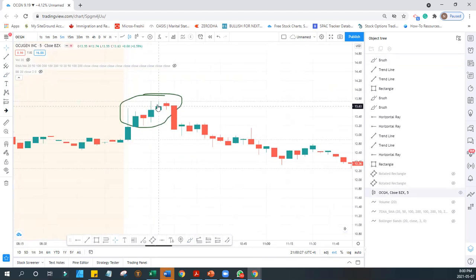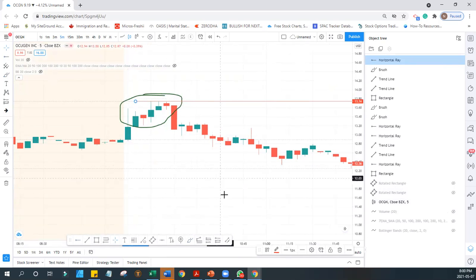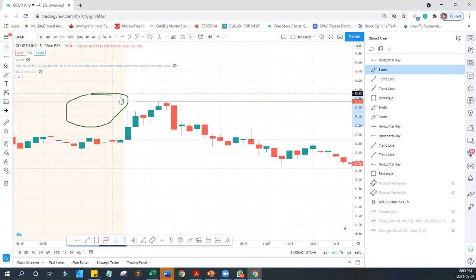Are they taking a resistance from the top? Can I say this was a resistance area because the price didn't move up after that? And now, can I say this big fat candle is a bearish candle? Is it a bearish candle?